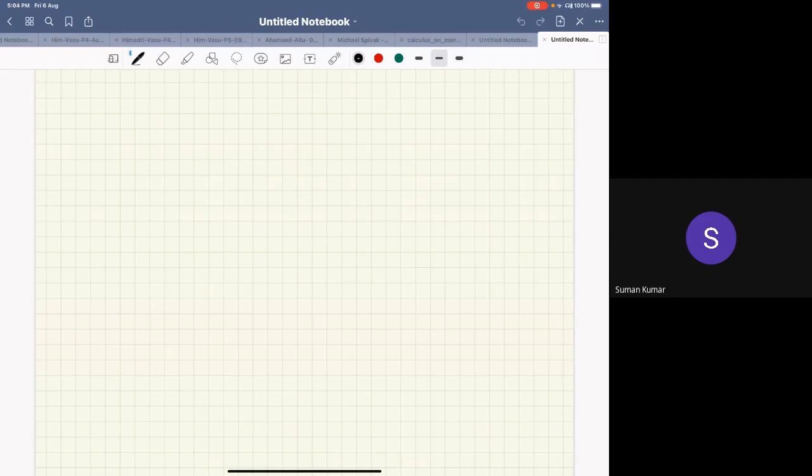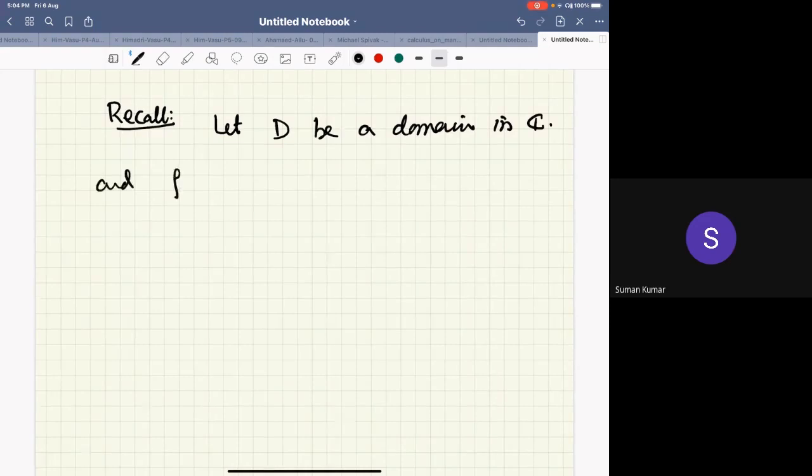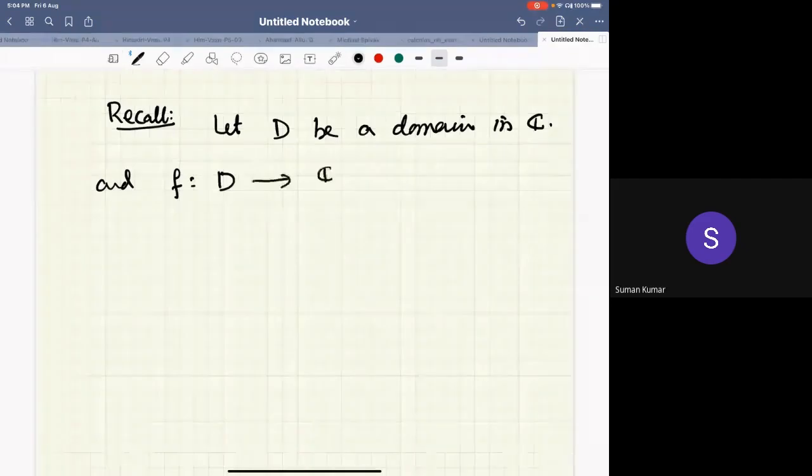So recall. Let D be a domain in C, and f is a function from D to C. This is analytic.